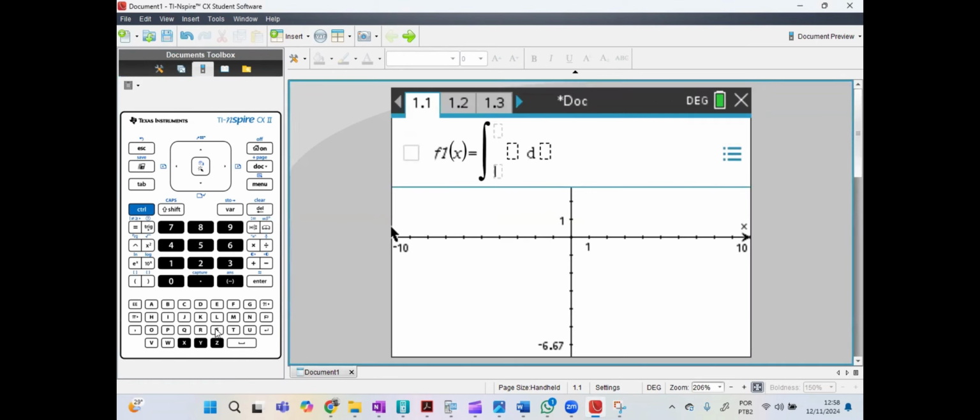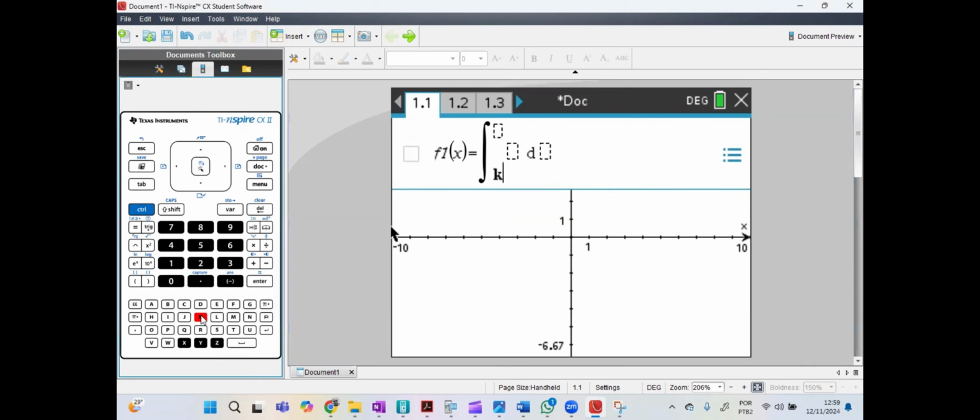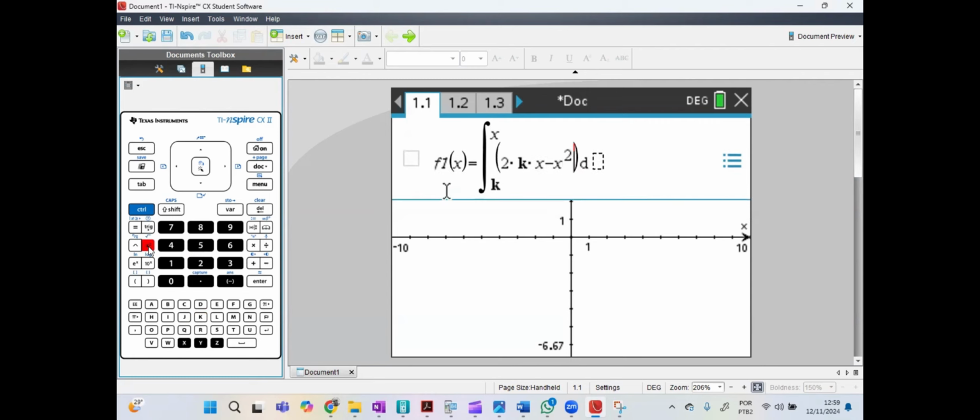Here we're going to use K by pressing K. And notice that this K is in bold. And here on top, we need to put X. And then in the integrand, we're going to put 2KX. But here we have to put 2 times KX so that the calculator recognizes this as a number, KX minus X squared dx.